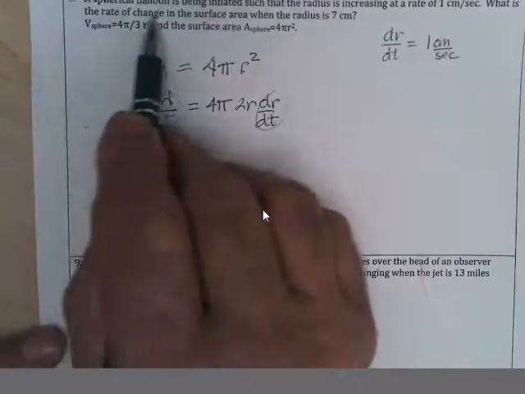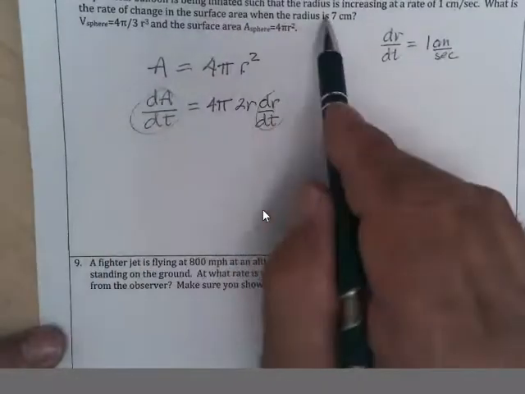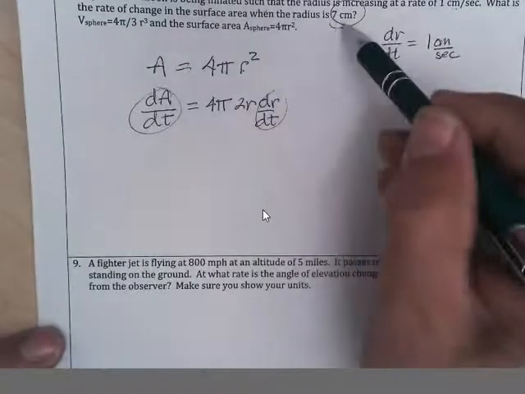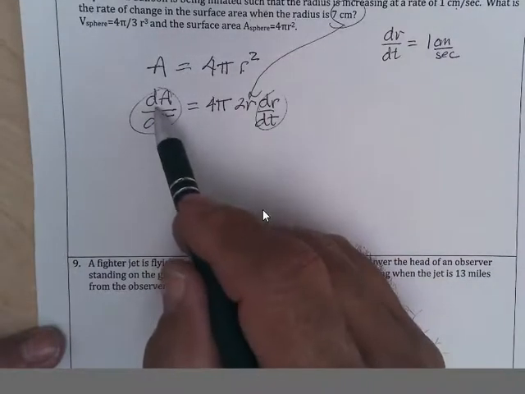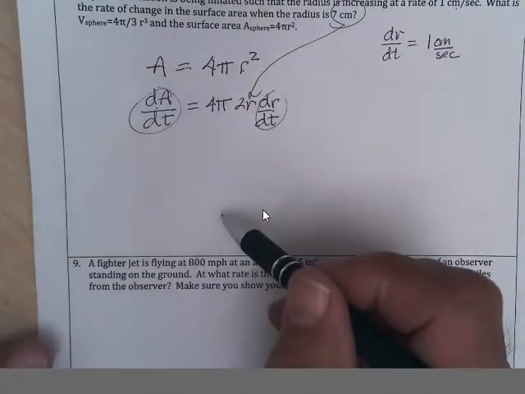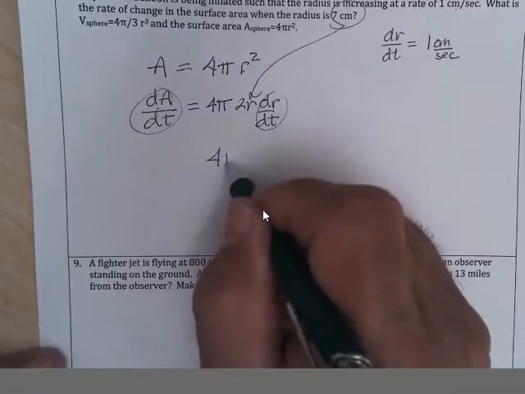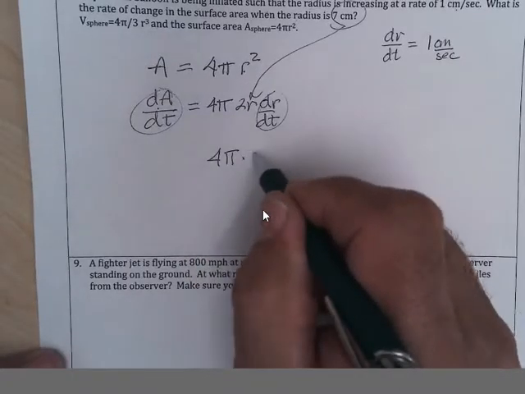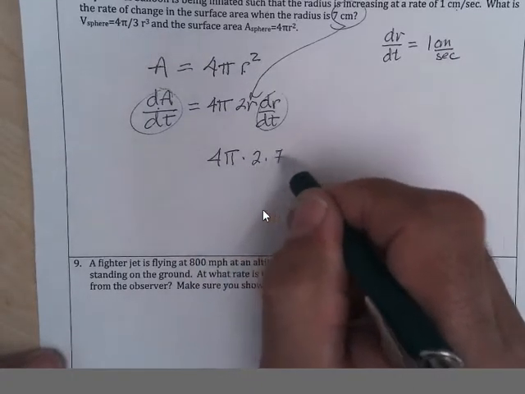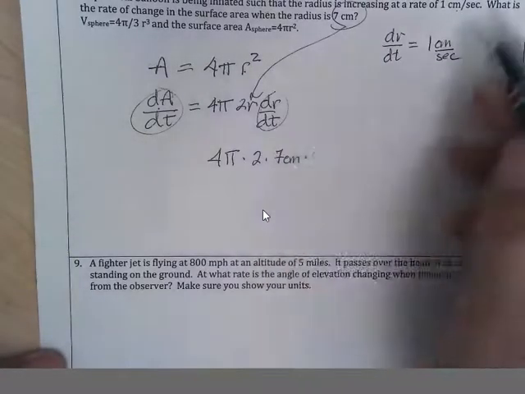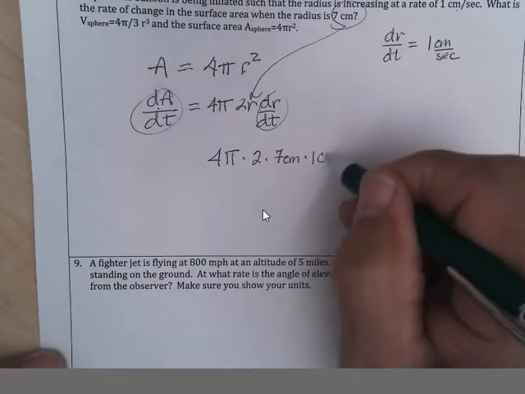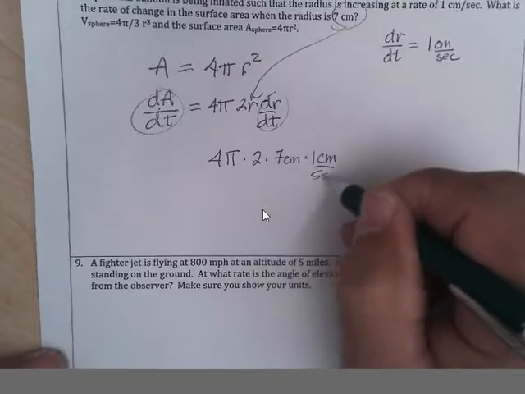What is the rate of change in the surface area when the radius is 7? So we put 7 in for the r and figure out how fast the surface area is changing. So we got 4 pi times 2 times 7 centimeters times dr dt is 1 centimeter per second.